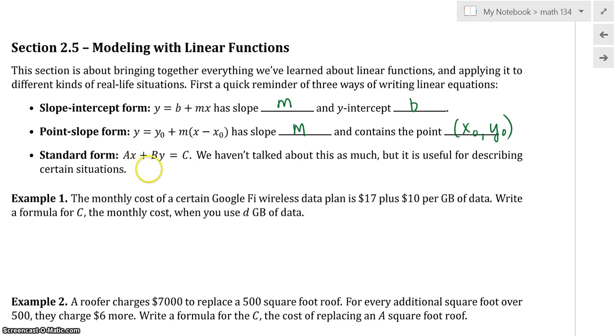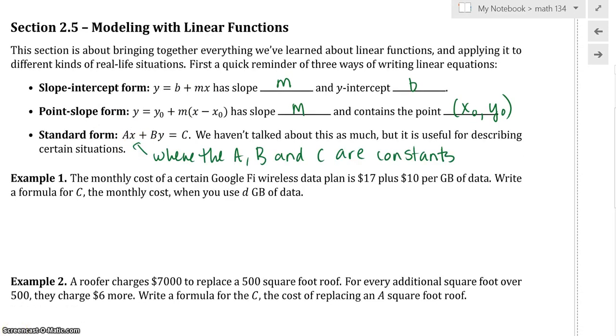So I'm just going to add something here, where a, b, and c are constants, just to see an example of this. Like maybe you had 2x plus 3y equals 6. That would be an example of standard form.